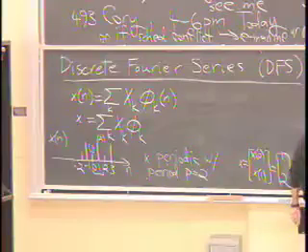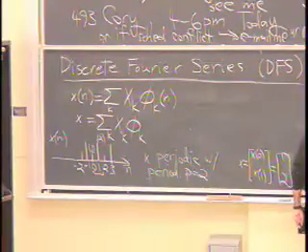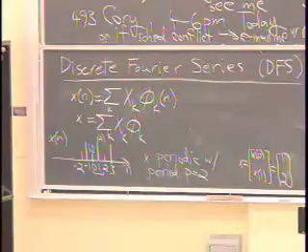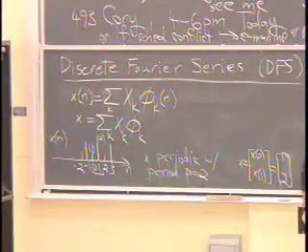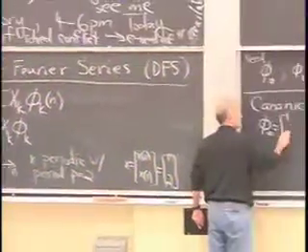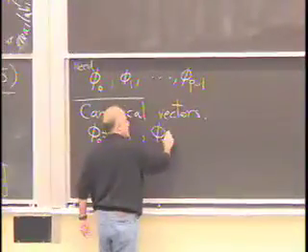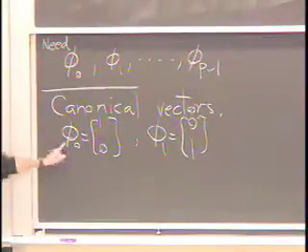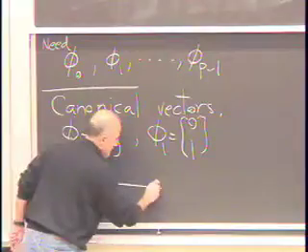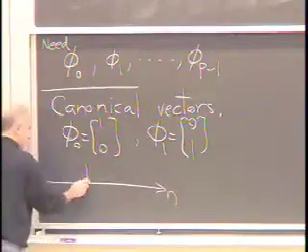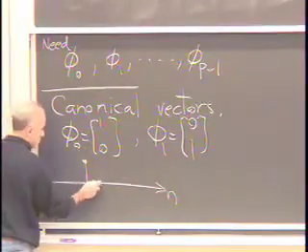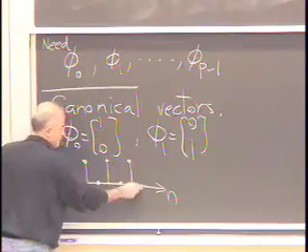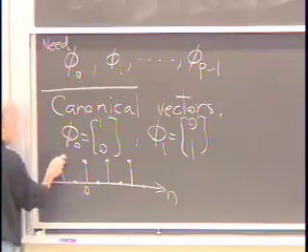And we looked at 2 types of these. So we had the canonical vectors, where phi 0 was 1, 0, and phi 1 was 0, 1. These would correspond to periodic signals that are impulse trains. So 1, 0 would correspond to 1, 0, 1, 0, 1, 0, and so on.